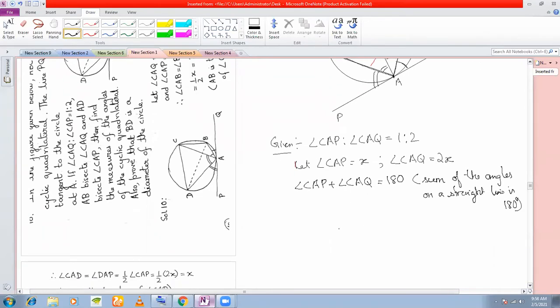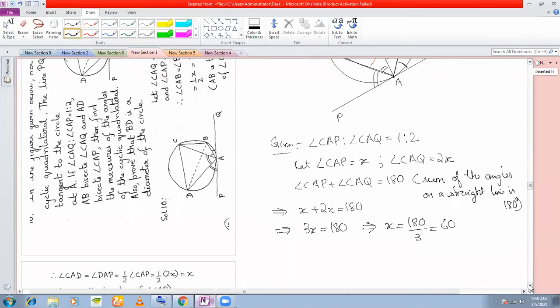That means CAP is x, CAQ is 2x, sum 180 degrees. That means 3x is equal to 180. x is 180 by 3, which is 60.